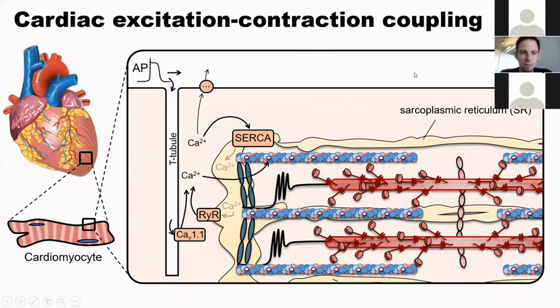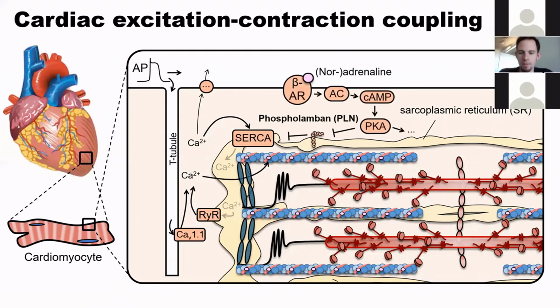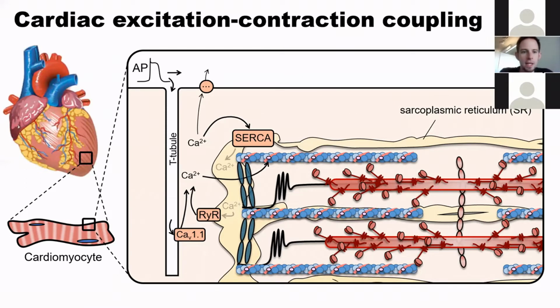And it briefly goes somewhat like this. Whenever the heart receives electrical activity in the form of an action potential, which can propagate along the cell membrane and deep into the tubules, this electrical activity can cause the opening of voltage-gated calcium channels, which leads to an influx of calcium ions from the extracellular space.